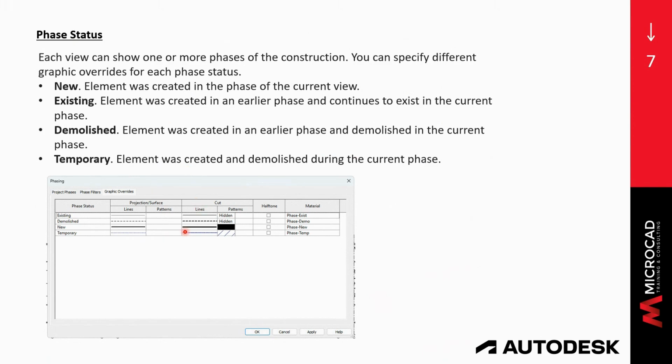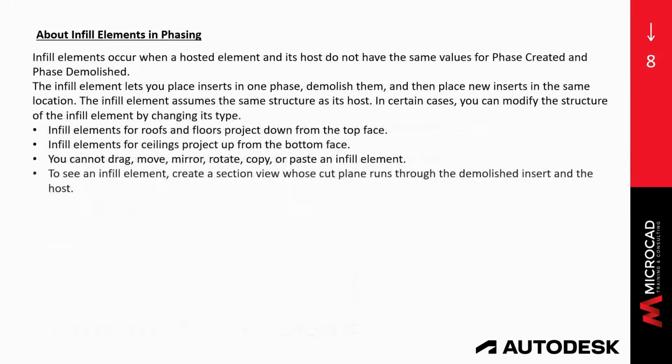This is the dialog box that you get for the graphic overrides. Then you have an element that is called an infill element in the facing. That happens when you have a wall that is in an existing phase, and then in the new construction, you have a window that was created in the existing phase and was demolished in the current phase.